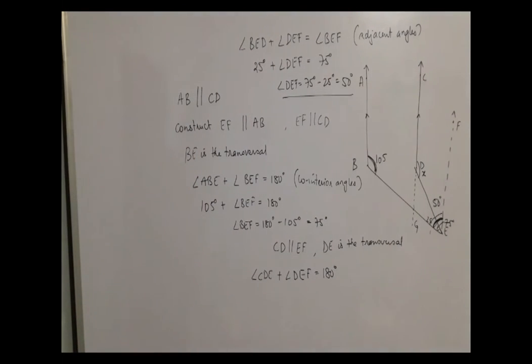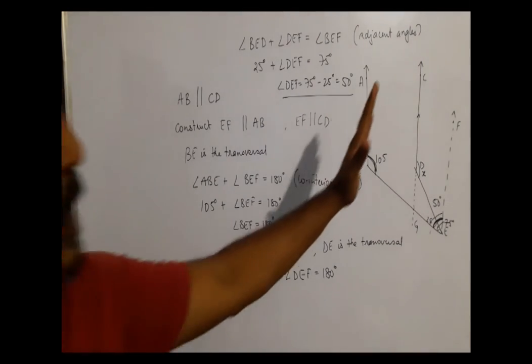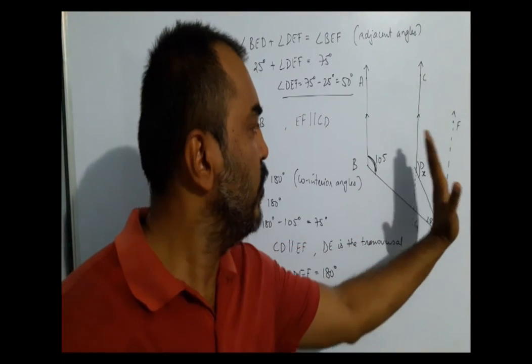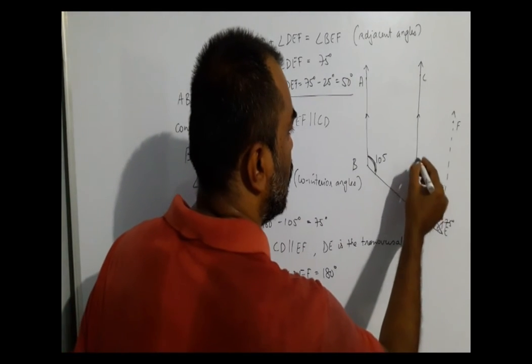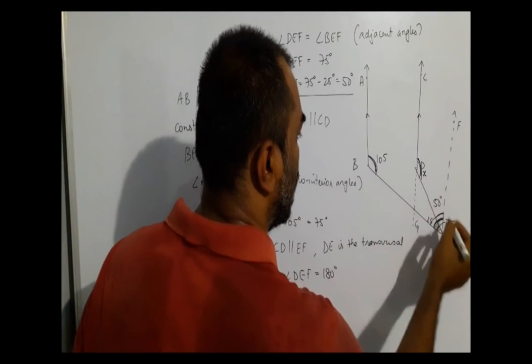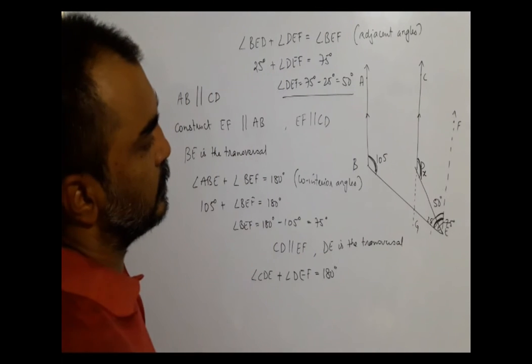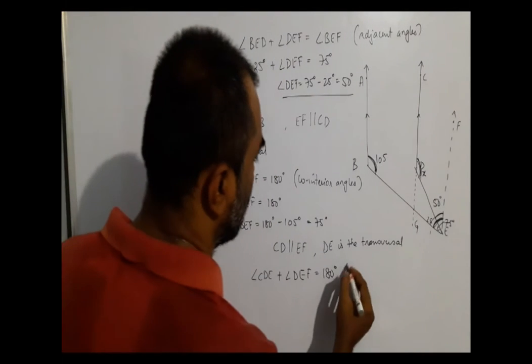Can anybody tell me which property I have used here? Which two lines have I taken? Again, understand. Line CD is parallel to EF, DE is the transversal. So this angle here and this angle here are co-interior angles. Right? They are which angles?